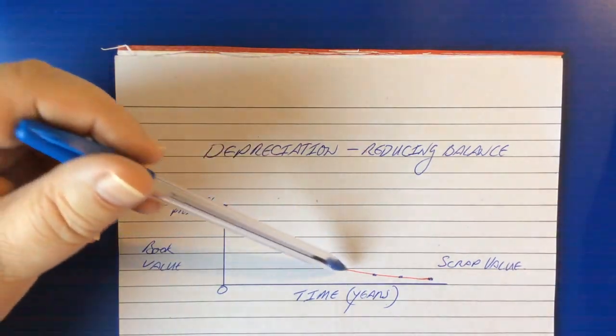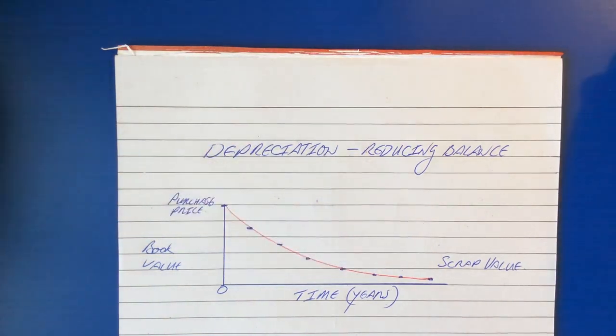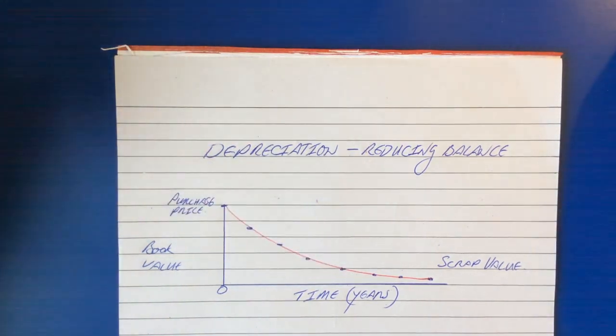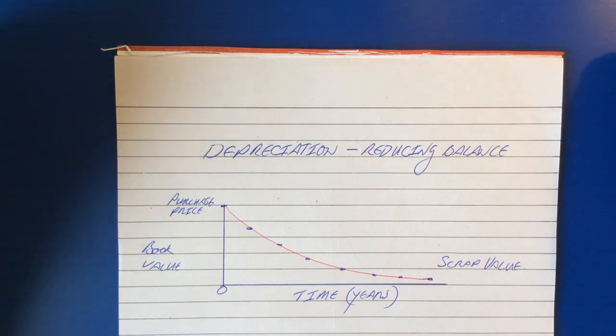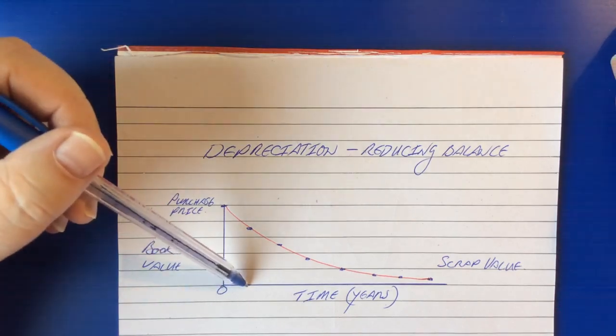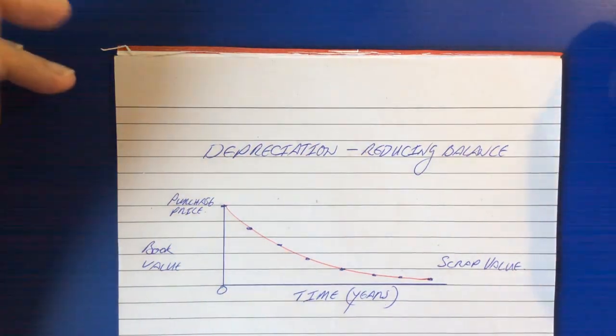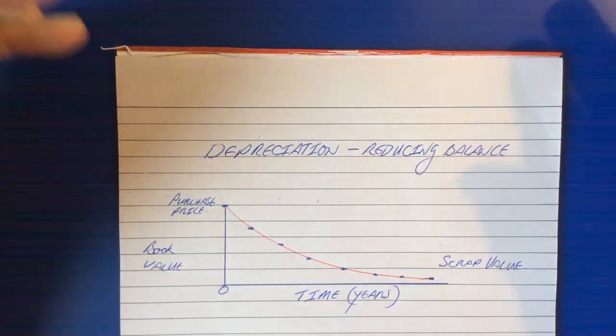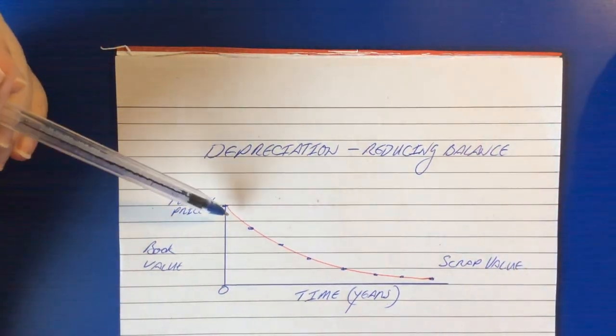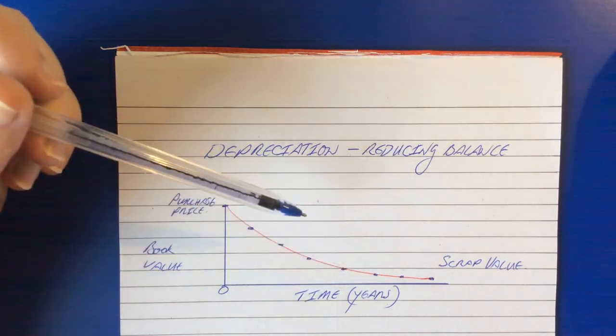The nature of this graph is that it never actually hits zero. It'll get down to a few cents or parts of cents if you go long enough at this, but essentially it won't hit the x-axis. And there are all sorts of mathematical reasons for that, which are unimportant in the general scheme of this.